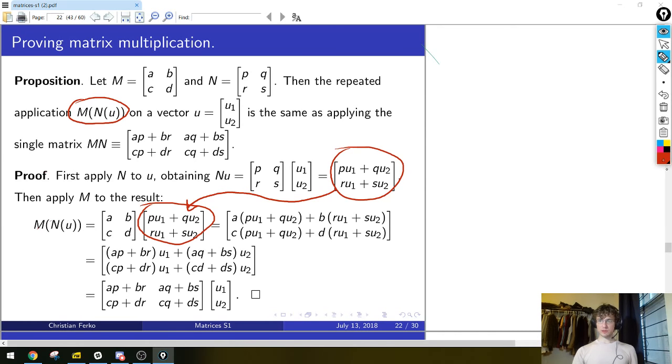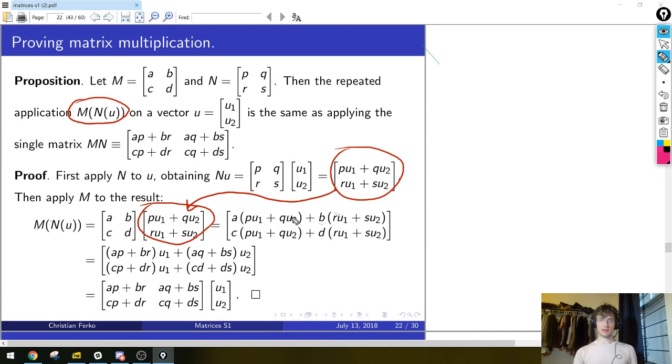Now there's some algebra. So we do the same thing, which is the horizontal line, vertical line mnemonic. So A times the first slot, A times PU1 plus QU2, that's this term. Add B times the second slot, B times RU1 plus SU2, that's what I've done here.